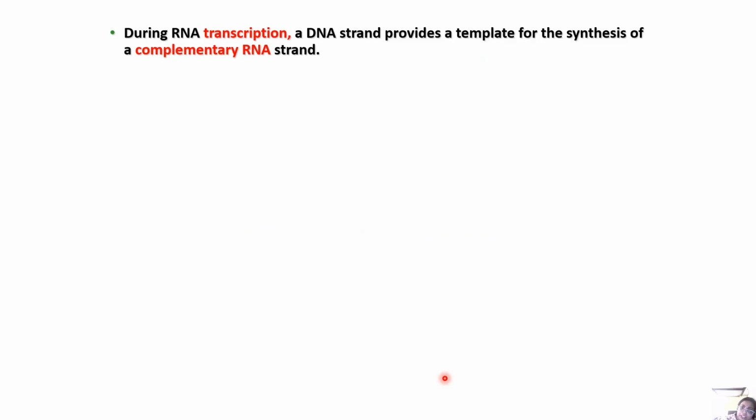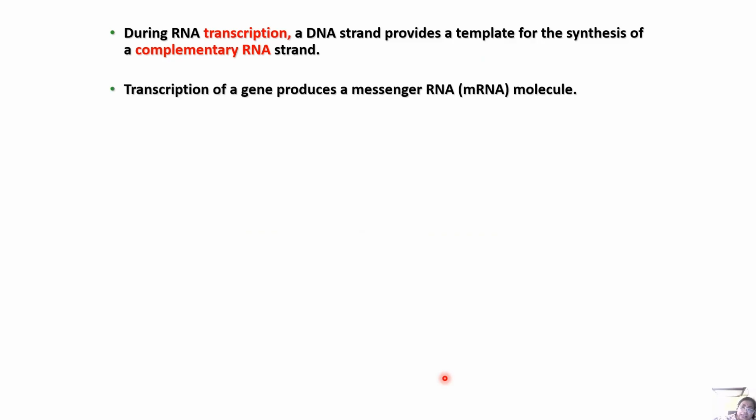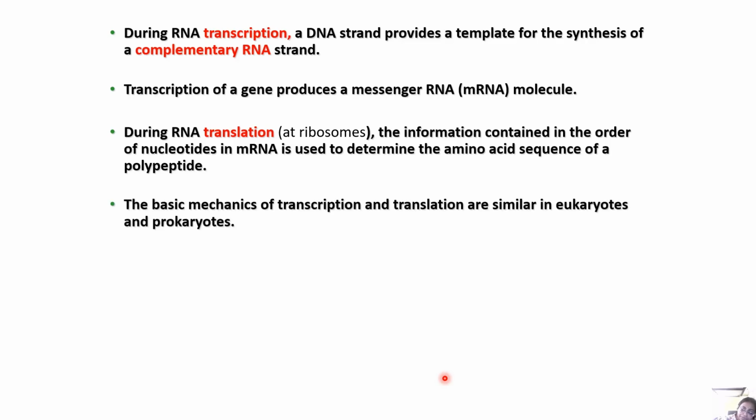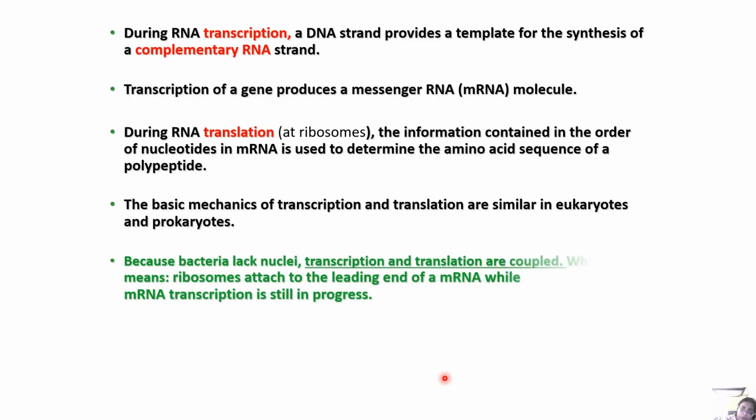During RNA transcription, a DNA strand provides a template for the synthesis of a complementary RNA strand, and transcription of a gene produces a messenger RNA molecule. During RNA translation at ribosomes, the information contained in the order of nucleotides in mRNA is used to determine the amino acid sequence of a polypeptide. The basic mechanics of transcription and translation are similar in eukaryotes and prokaryotes.